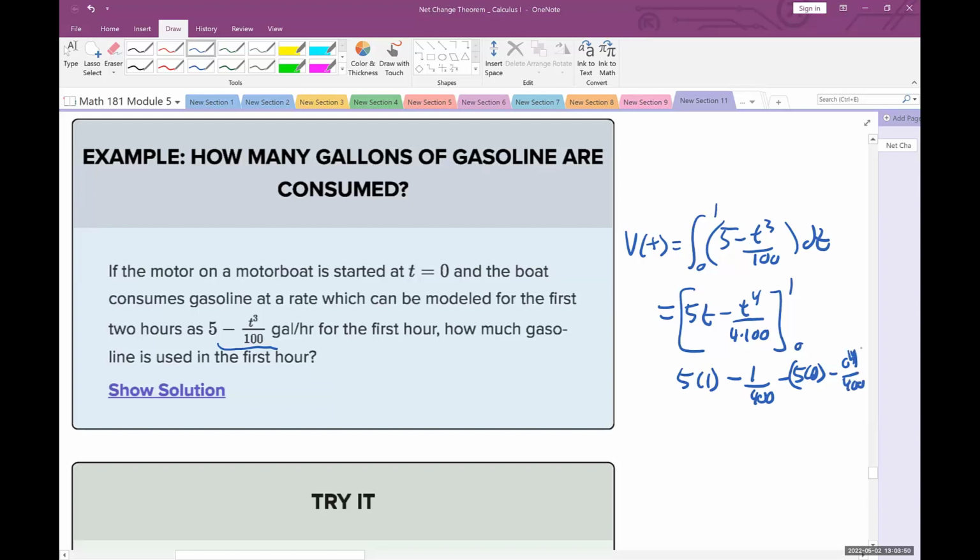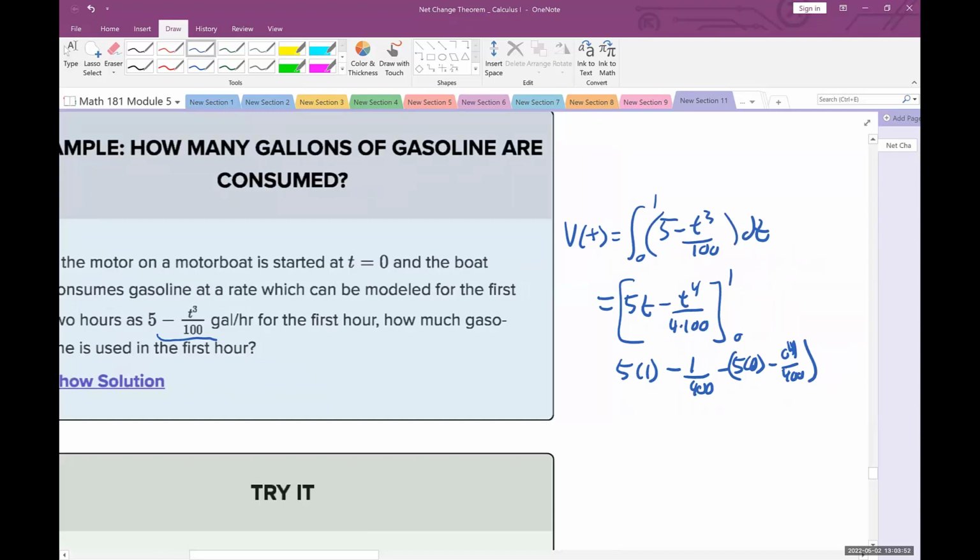I think you see the second part is just 0. So we end up with 5 minus 1 over 400, which is 4.9975 gallons.